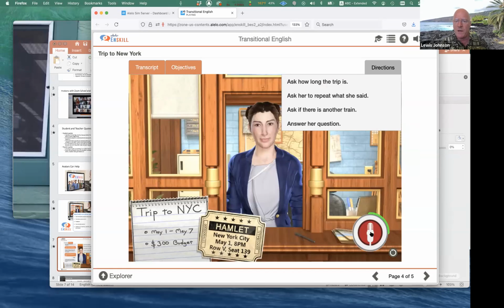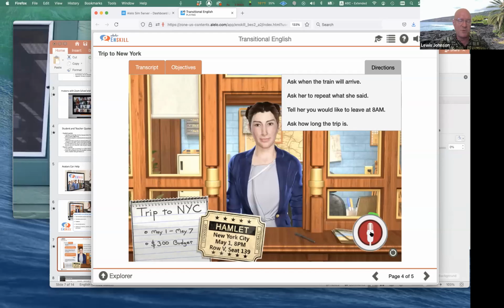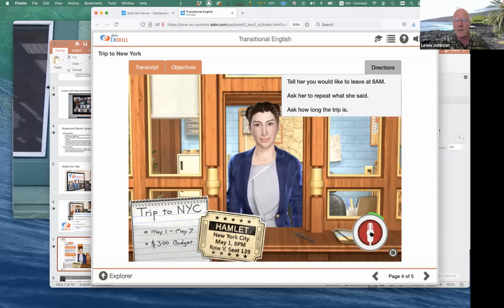Do you have an earlier train? I have a train leaving at 8 a.m. When does that train arrive? The train will arrive at 4 p.m. That's good. Book me on the 8 a.m. train, please.